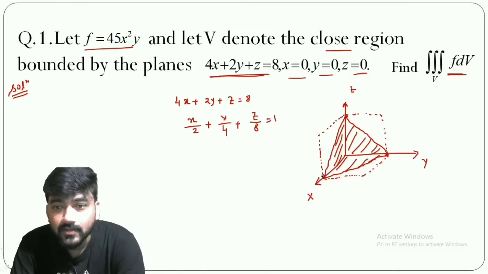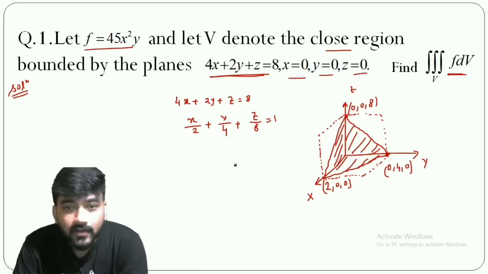That means this point is 2 comma 0 comma 0, and this point is 0 comma 4 comma 0, and this point is 0 comma 0 comma 8.